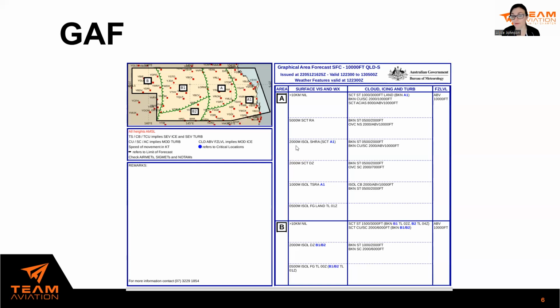So we also have areas of visibility reducing to 2,000 meters with isolated showers of rain, scattered 3 to 4 octas in area 1, broken stratus 5 to 7 octas, 500 to 2,000 feet, and then broken cumulus and stratocumulus 2,000 to above 10,000 feet.